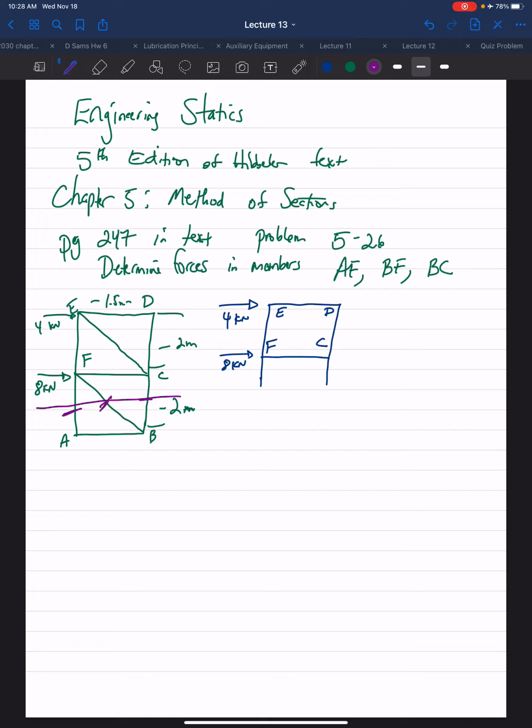You have your FAF, you have your FBC, and you have your FBF. So these are the forces that we're trying to determine that are in the members after we made our cuts.